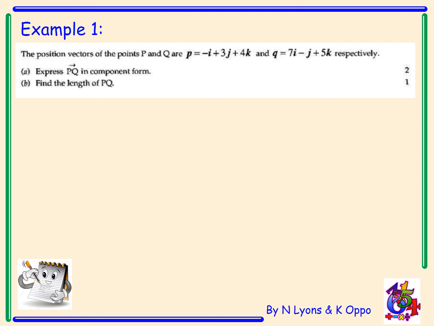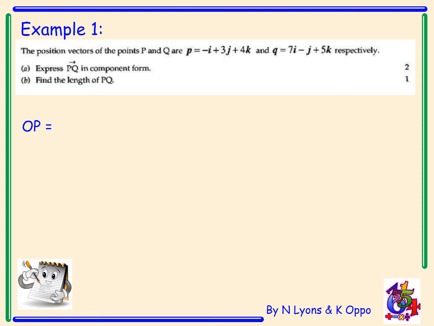Well, first of all, we're going to have to work out the vector PQ. So first of all, the vector OP, the position vector of P, can just be simply written as (-1, 3, 4). Now, these are just the numbers before the vectors i, j, and k on the position vector P. So the number before i is just -1, the number before j is 3, and the number before k is 4.